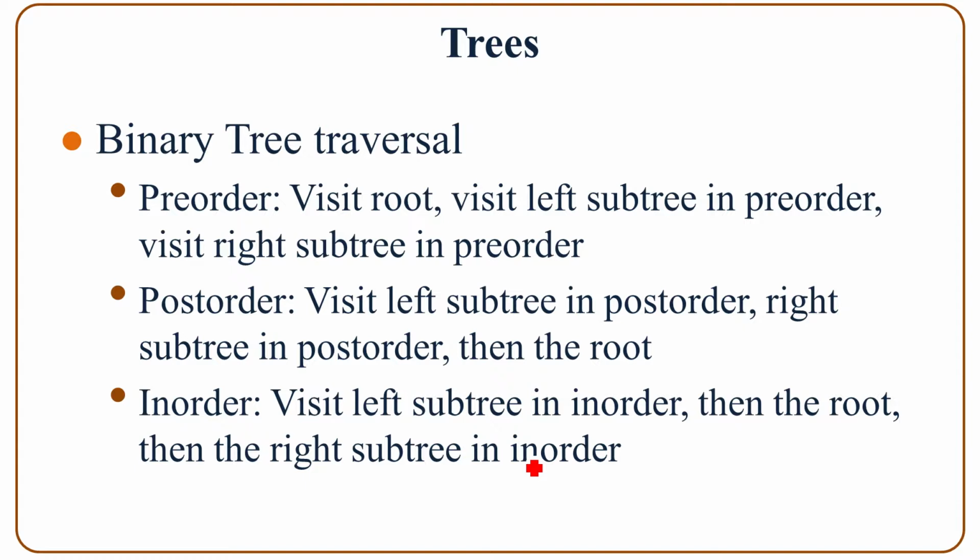In postorder traversal, we visit the left subtree, then the right subtree, and then the root finally. And finally, with inorder traversal, we visit the left subtree, then the root, and the right subtree.